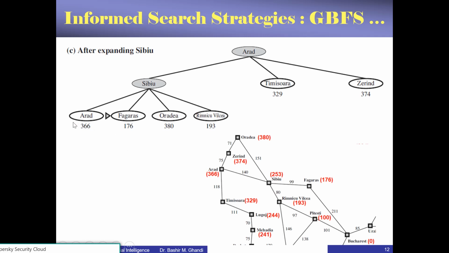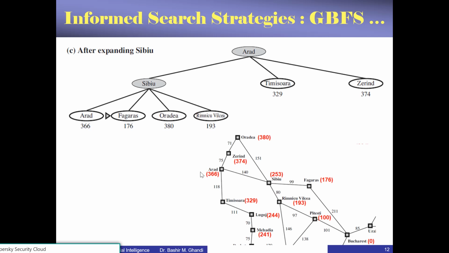Now, with all these states in the frontier, remember these are still in the frontier: Timisoara, Zerind, and now these additional 4. The question is, which is the nearest to Bucharest? Because greedy best first search is only interested in the smallest cost to the goal.